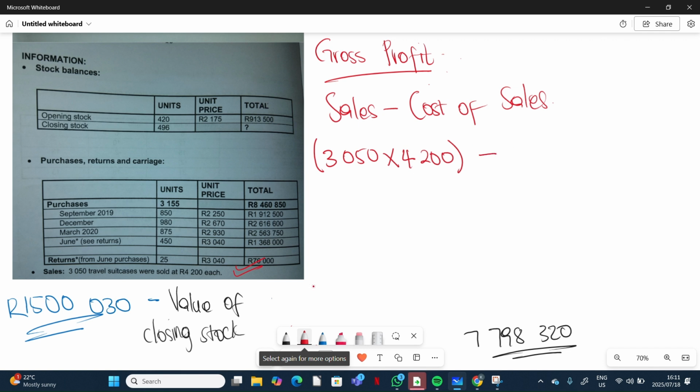Then now we're going to subtract the cost of sales, which was 7,798,320, right? Then that will be equal to 5,011,680.